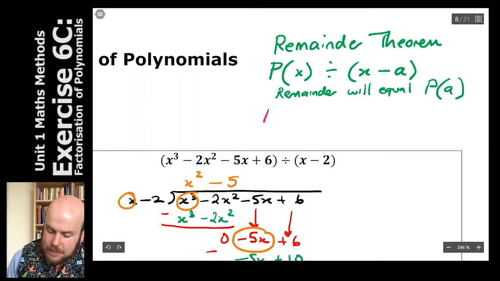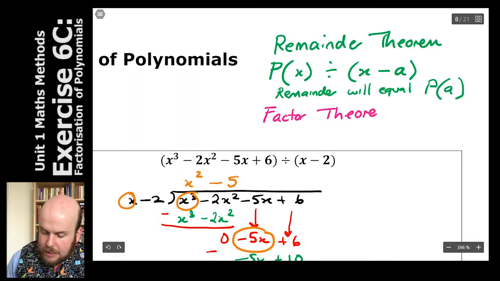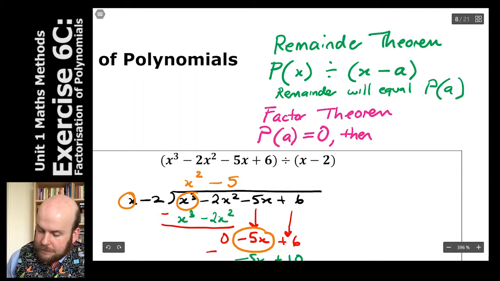This leads us quite nicely into the factor theorem. That if I have p of a equals 0, then x minus a is a factor.